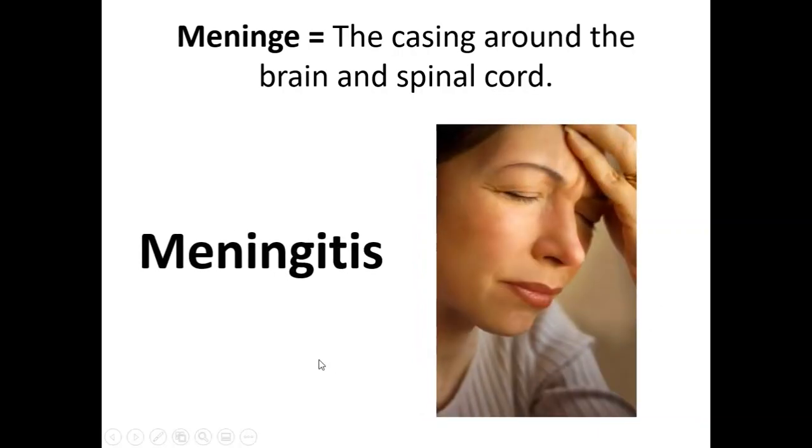There's two different kinds of meningitis. There's meningitis A, which we have a vaccine for, and meningitis B, which is a bacterial infection, which you don't want. It's pretty much a death sentence if you get it. So again, very painful, very sick when you get it.